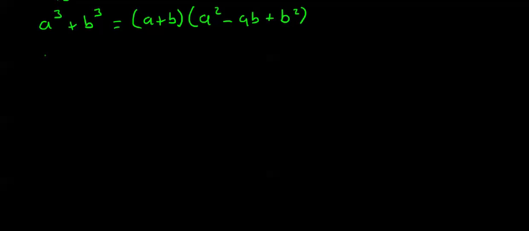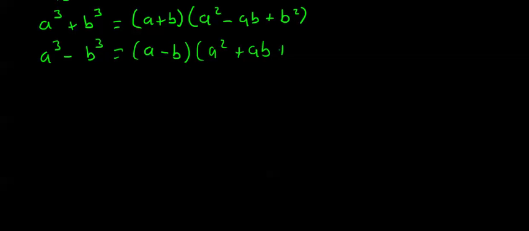And the difference of cubes is given as a cubed minus b cubed equals a minus b times a squared plus ab plus b squared.